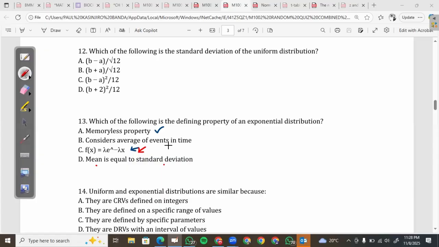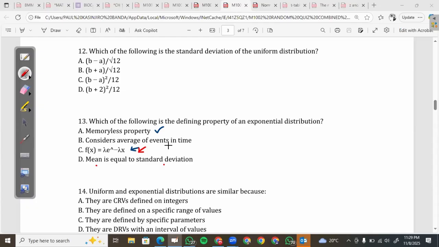But what is the memoryless property? By definition, in words, a random variable is memoryless if the probability of an event occurring in the future does not depend on how much time has already passed. That's what the memoryless property states, okay?